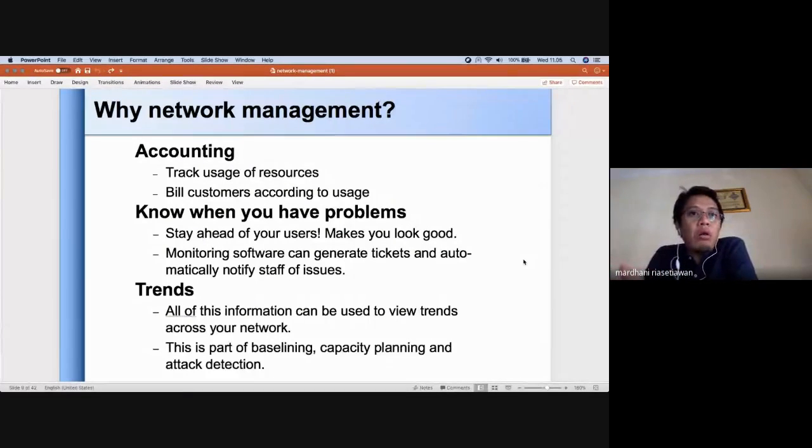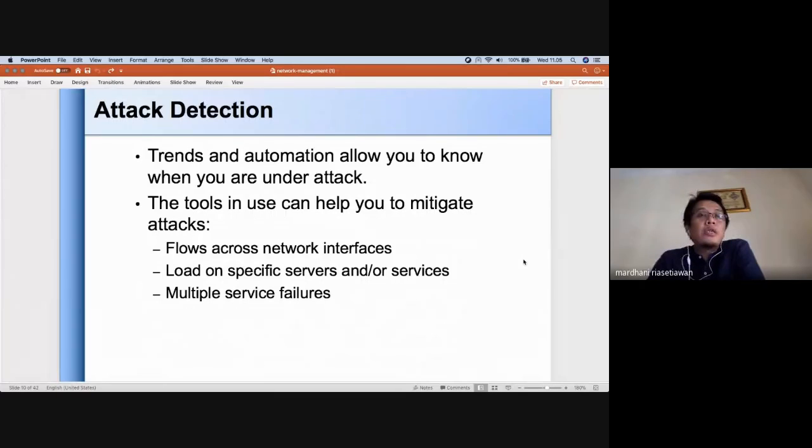All of the information can be used to view trends across your network. And then capacity planning and attack detection will be important things to handle in the future too. Attack detection in network management is also an issue.